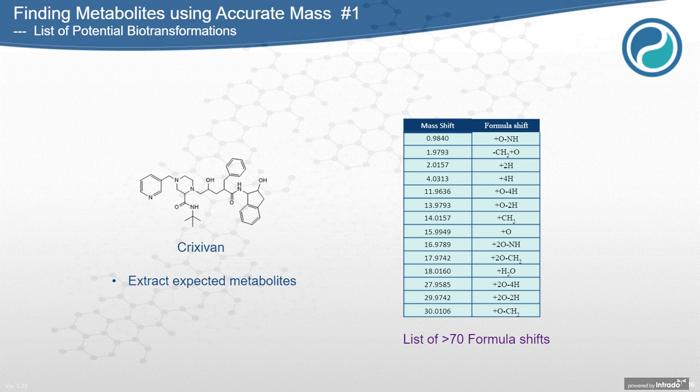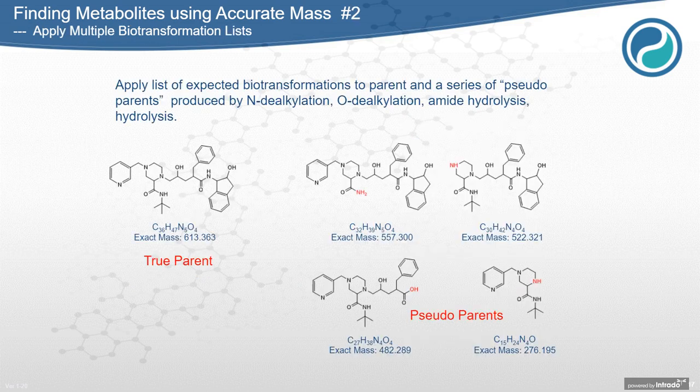So in this instance, we're taking Crixivan, we'd take the mass of Crixivan, and we'd apply these mass shifts from all of these and find which chromatograms actually contain a peak. But that's not all. That's only the first pass of trying to find potential metabolites. Could we go to the next slide, please?